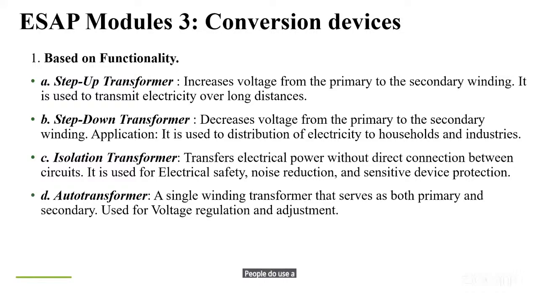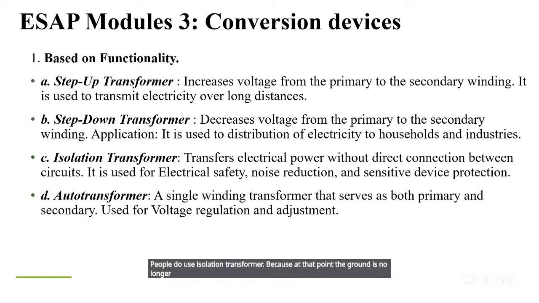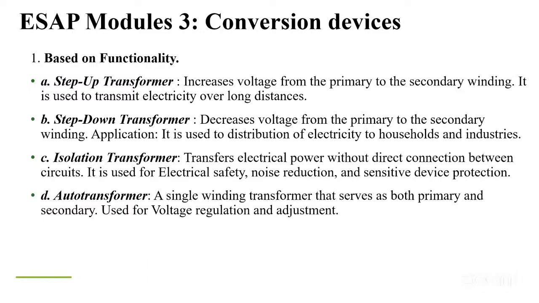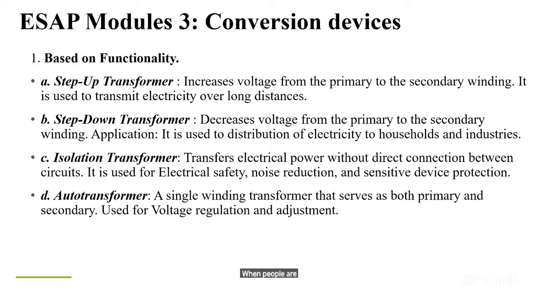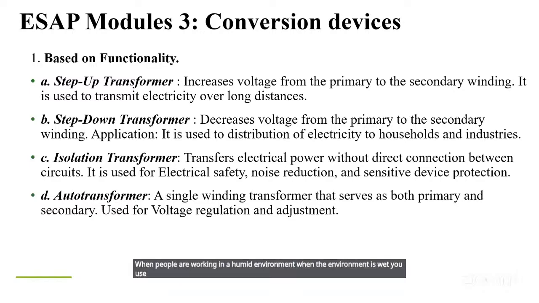transformer, because at that point, the neutral is no longer on the ground, but the ground you get it directly on the transformer. So it is used mainly for safety reasons. When people are working in a humid environment, when the environment is wet, you use an isolation transformer.